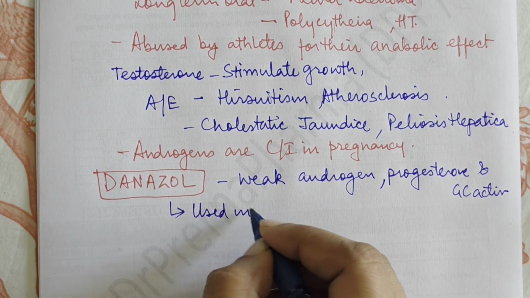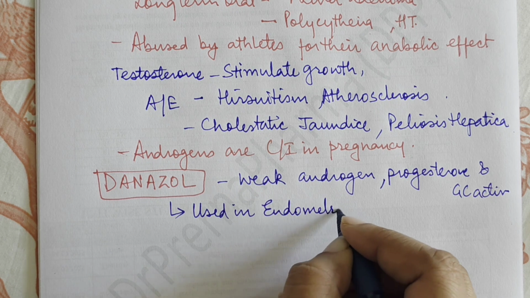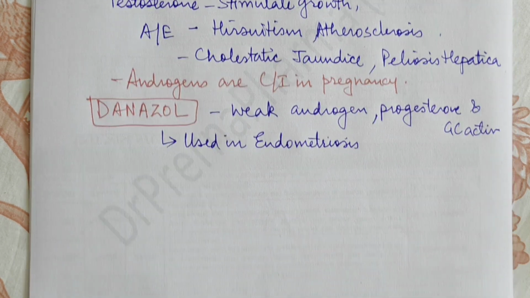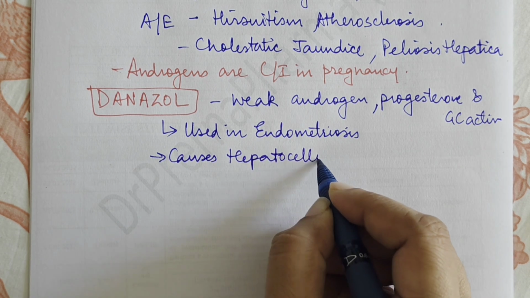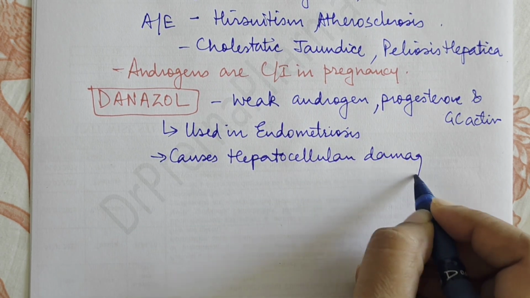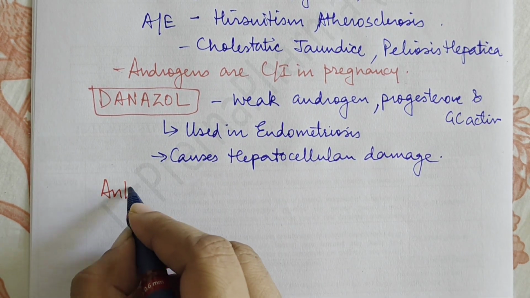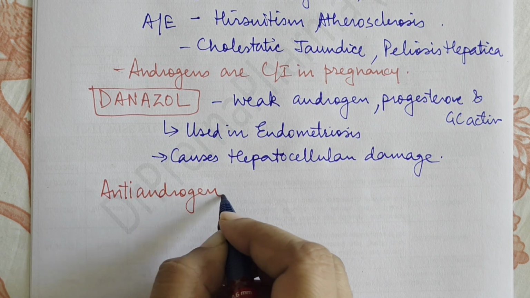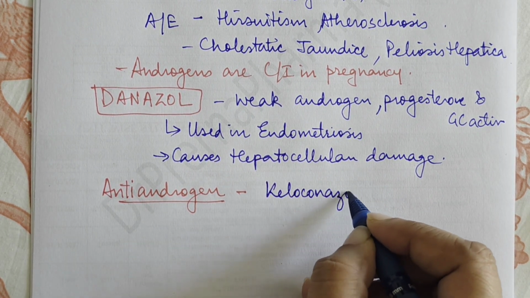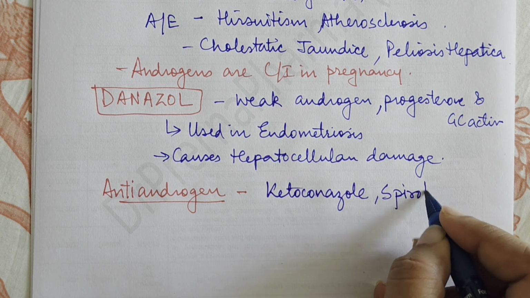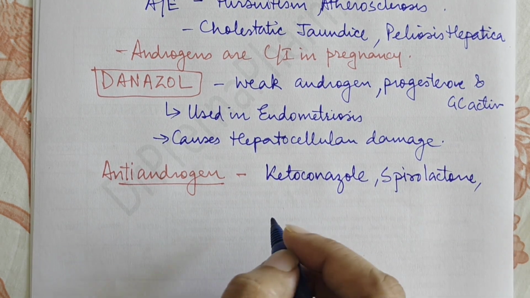Danazol is used in endometriosis, and danazol causes hepatocellular damage. So now what are the drugs which are anti-androgenic in nature? Most of these drugs are the same as anti-corticosteroid drugs. In this we have ketoconazole, which has anti-androgen action. Then spironolactone and eplerenone.